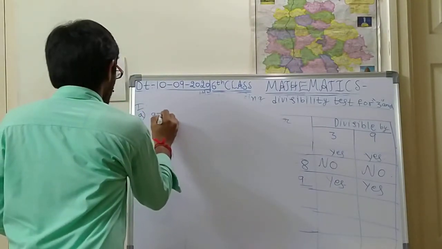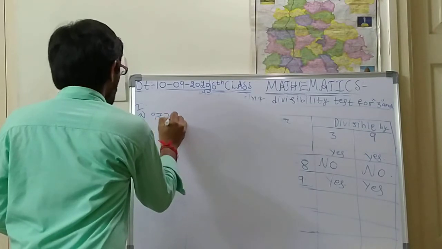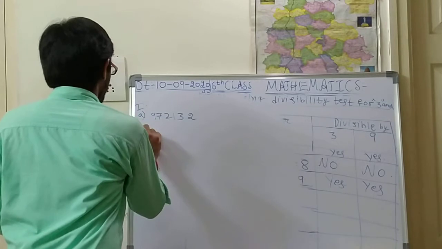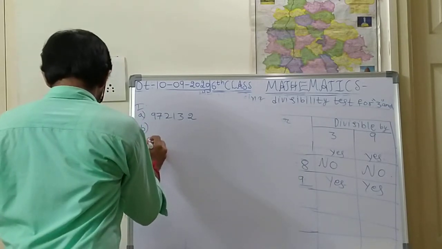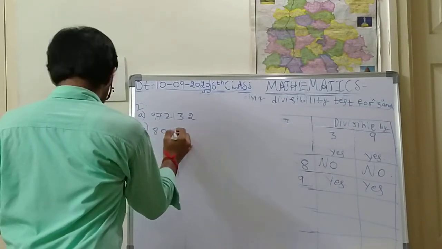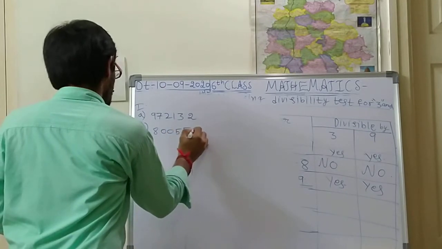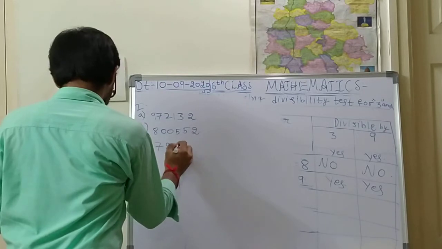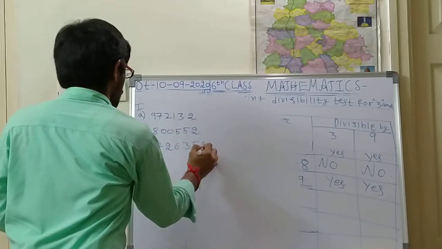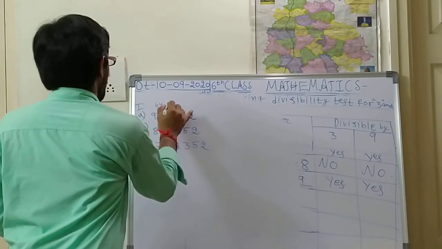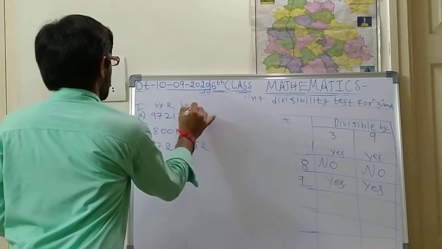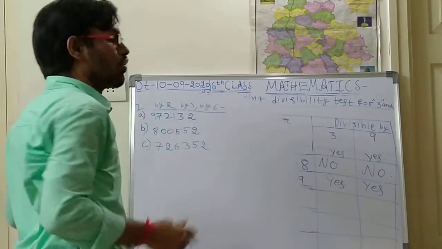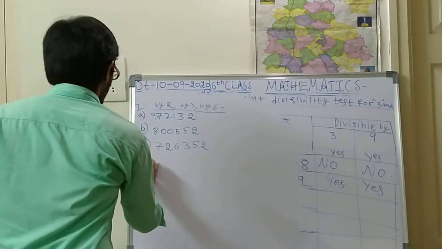First one, 972132. Next, B: 800552. Next, C: 726352. Write down the full question as I have written previously.